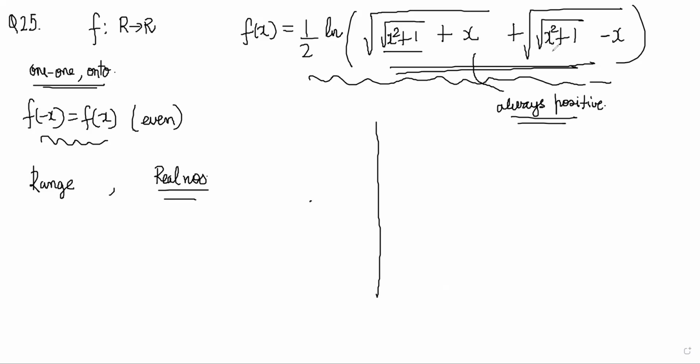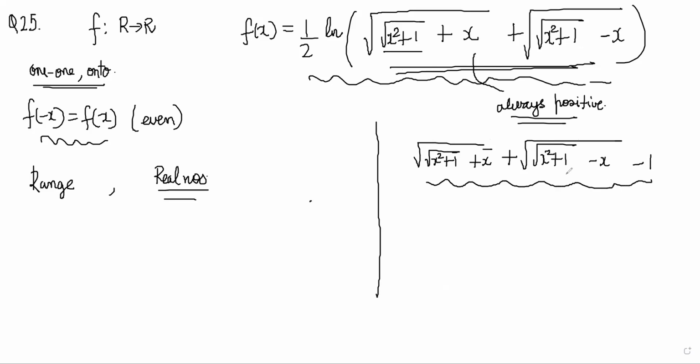Okay, let's just check this: root of x square plus 1 plus x plus root of x square plus 1 minus x, minus 1, right? If this thing is positive, then this is greater than 1, and if this is greater than 1, ln will always be positive. So let's just check this.